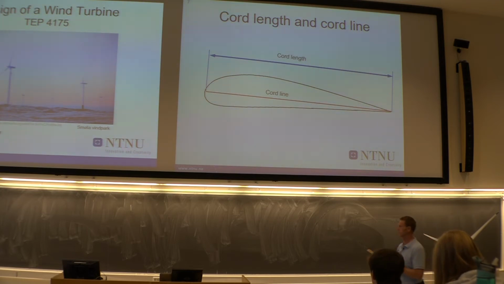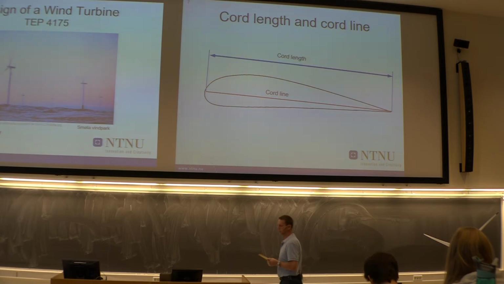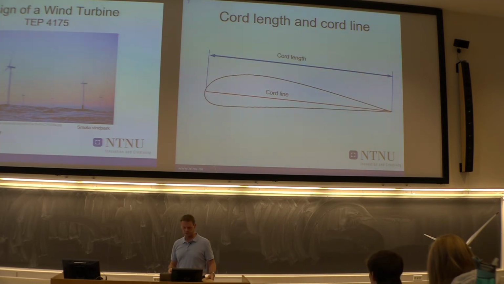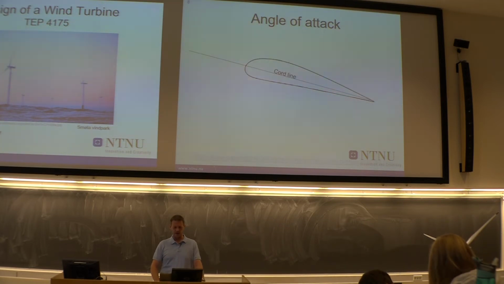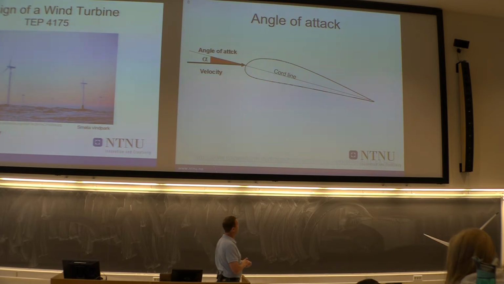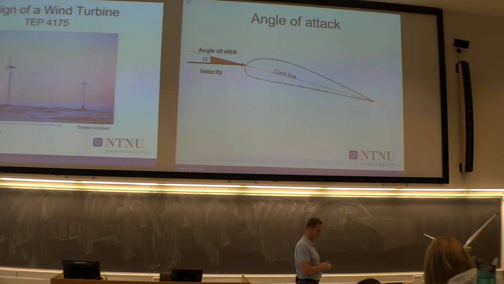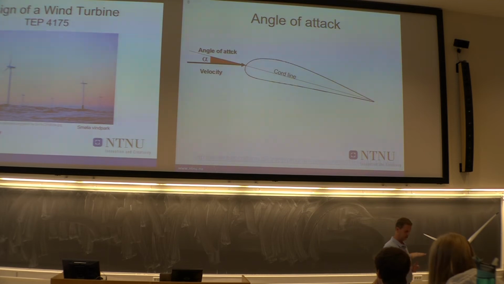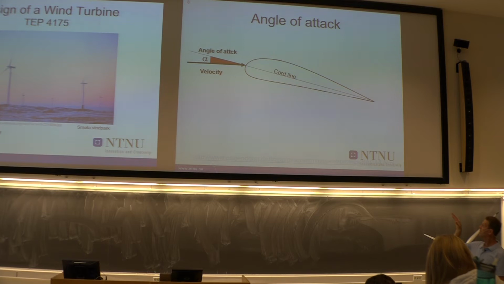This is something we need to bear in mind when we are using angle of attack, because there will be an angle of attack to the airfoil from the wind velocity. So the angle between the wind velocity and the chord line is defined as the angle of attack.